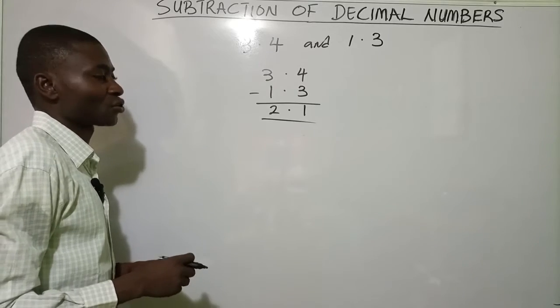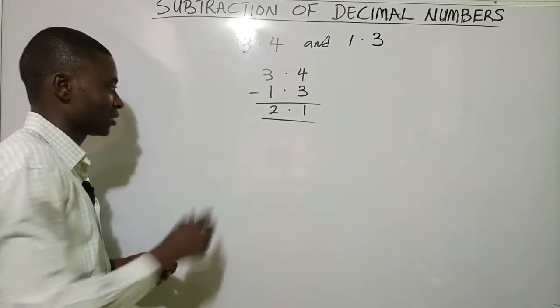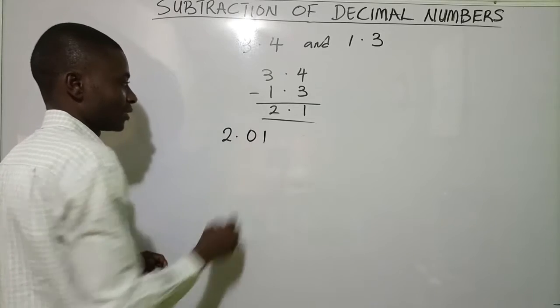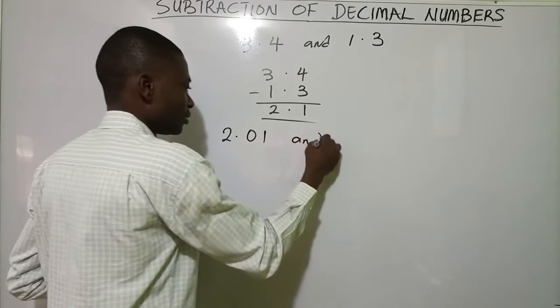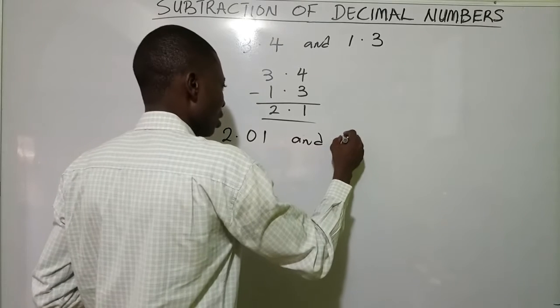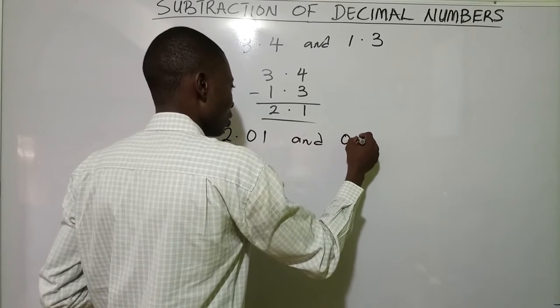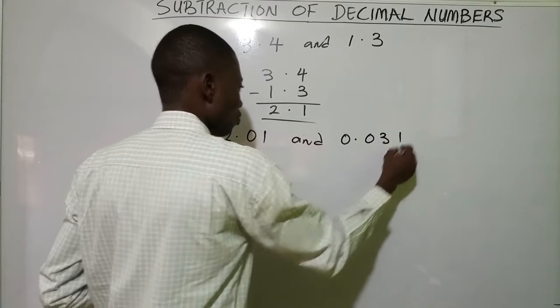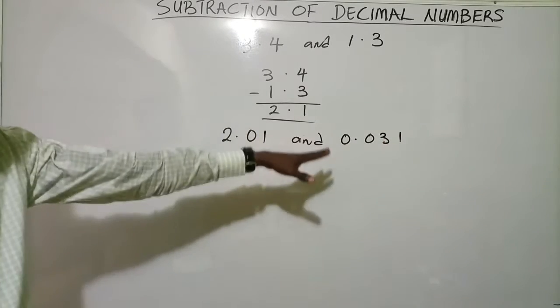For instance, you're asked to subtract these numbers together. Let's say 2.01 and 0.031.